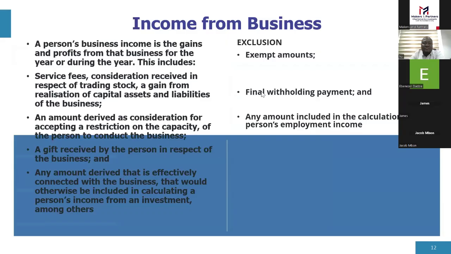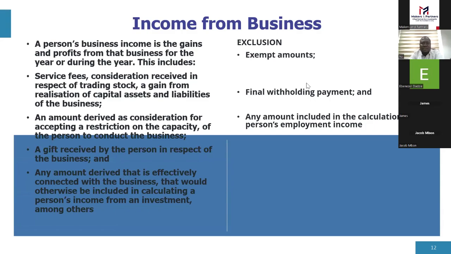Now, income from business, it says that a person's business income is the gains and profits from that business during the year. This includes service fees, consideration received in respect of trading stock, a gain from realization of capital assets and liabilities.